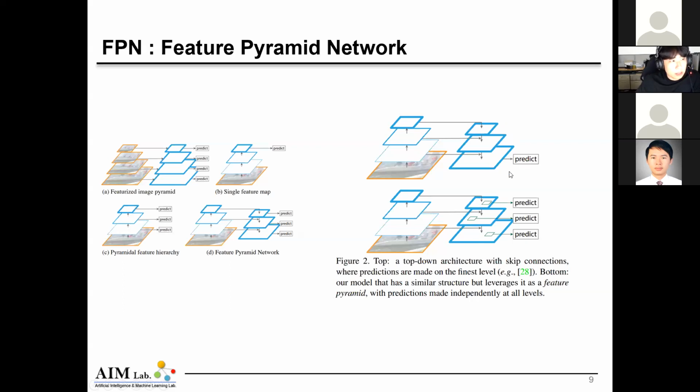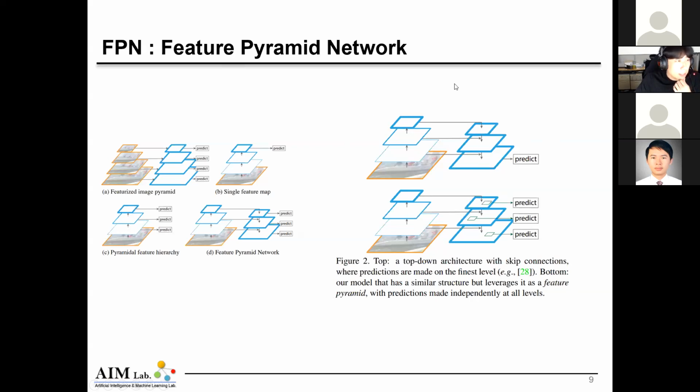They upsample the layer just by nearest neighbor. They copy each value to upsample to the higher resolution. And then they predict the box and the classification for each layer, and it has higher performance than previous work.